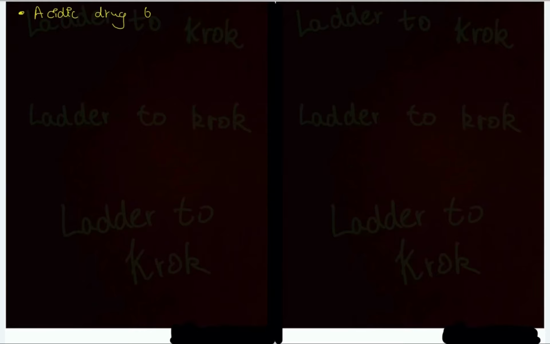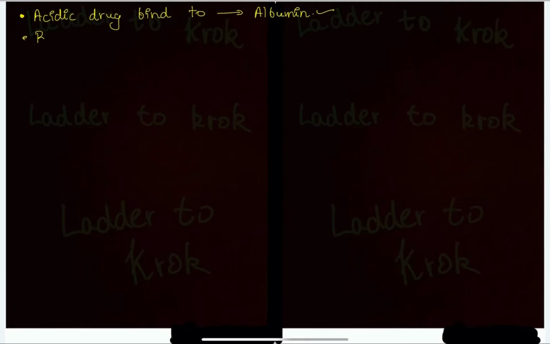Acidic drug will bind to albumin. Okay, it is the most abundant protein in your blood. Basic drug binds to alpha-1 acid glycoprotein.